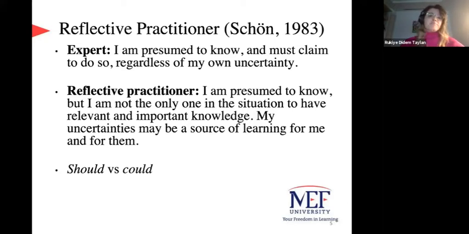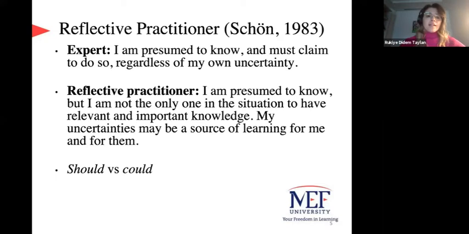This could apply to being a reflective practitioner as a teacher educator. So I can be uncertain about myself, and my prospective teachers may learn from that. Or I can be the reflective practitioner as a teacher, and my students or other colleagues can learn from this.